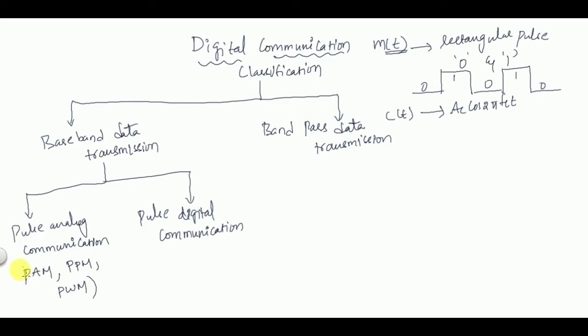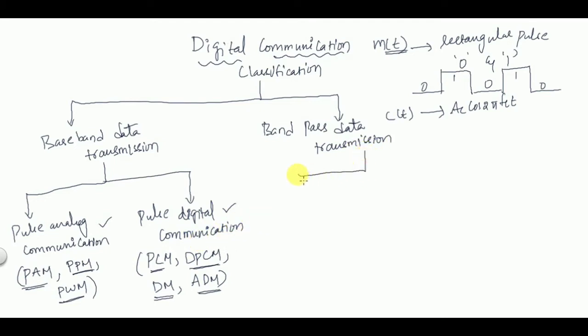Similarly, in pulse digital communication we have pulse code modulation, differential pulse code modulation, delta modulation, and adaptive delta modulation. So these are the classifications of pulse analog communication and pulse digital communication.